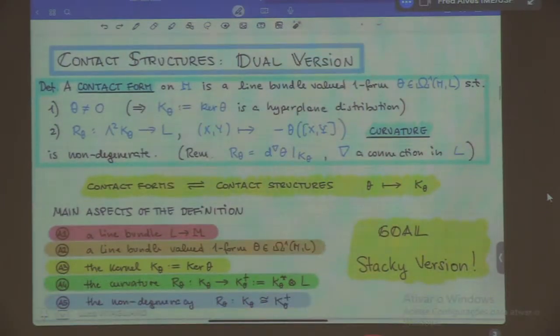There is a dual definition of what a contact structure is, which will be more useful for my purposes. Let me discuss it.